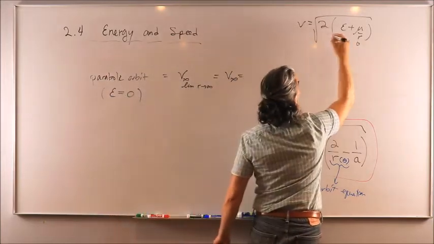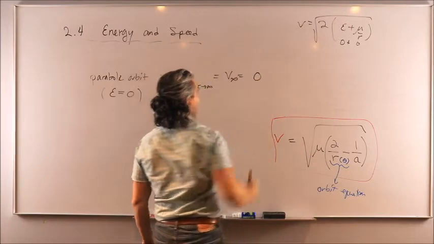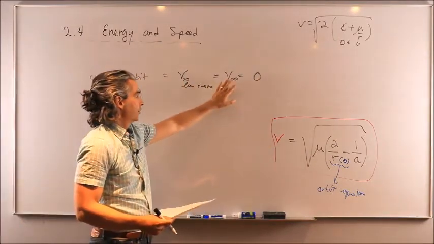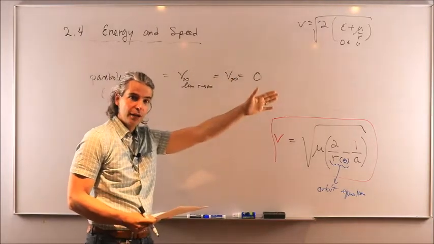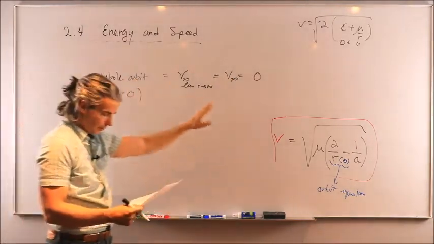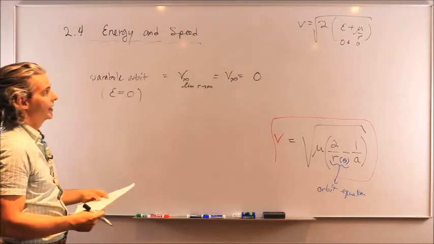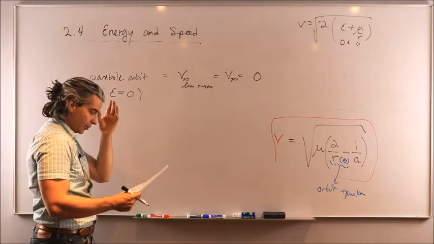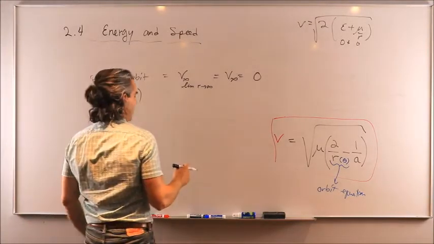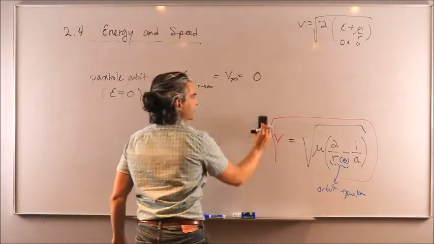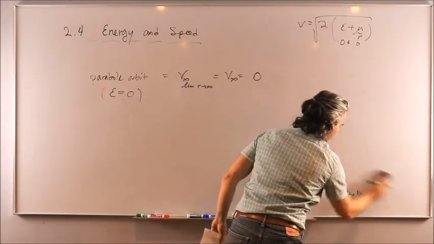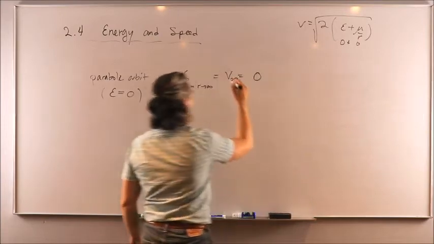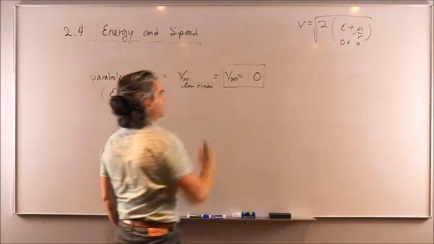So this is 0, and ultimately we end up with the speed whenever r is equal to infinity for a parabolic orbit equal to 0. Okay? Exactly as I told you from our previous discussion. So again, parabolic orbit, you barely have enough energy to escape, and you end up ultimately with no residual speed left.